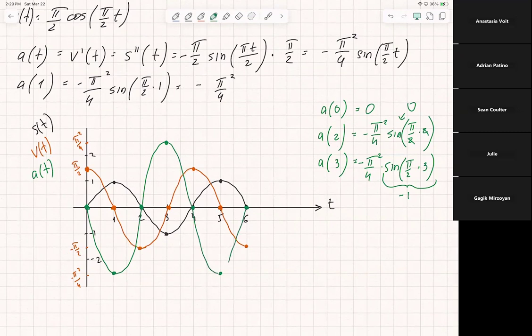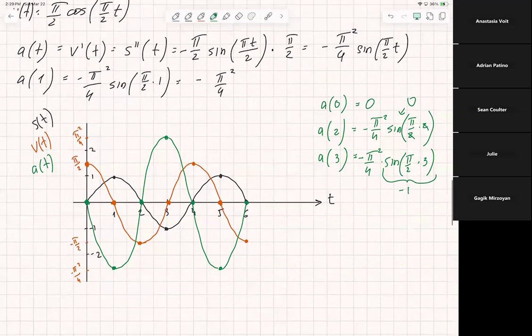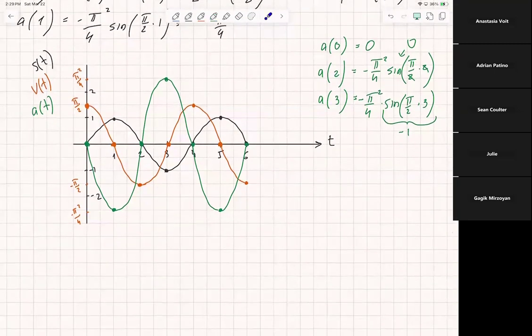Okay, something like this. Okay, so this is how you draw all the graphs on one graph.